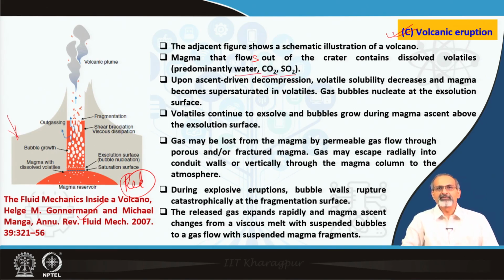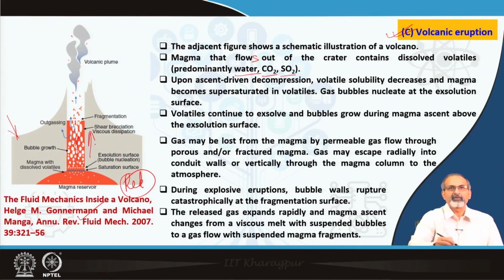Upon ascent-driven decompression, as it moves up through the crater the pressure reduces. So, volatile solubility decreases and magma becomes supersaturated in volatiles, which basically means that gas bubbles nucleate at the solution surface, and they are indicated through these white bubble-like structures here.